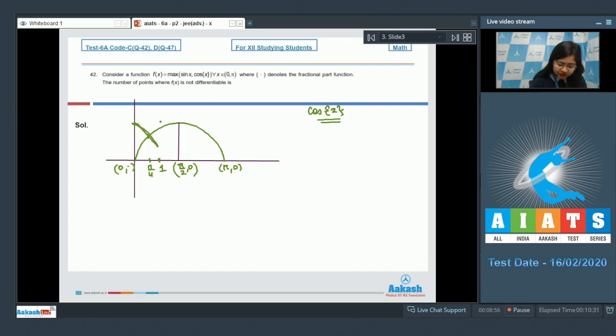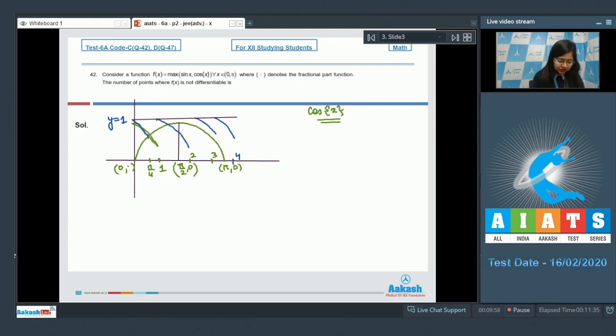right? Now on a similar pattern from 1 to 2 and from 2 to 3, the graph will be like this, from 2 to 3 and then from 3 to 4. They all will be starting from y equal to 1.